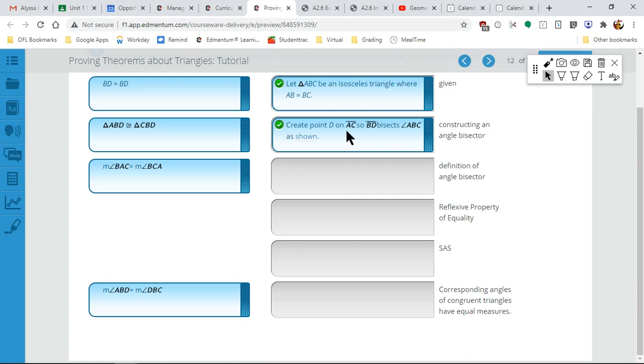From here, unfortunately, they don't show us the picture, but what they're supposed to be showing us is, let me draw it real quick since they didn't show it to us. So here's our triangle. I believe they had B up here, A and C. And they're creating an angle bisector. Create a point on AC.